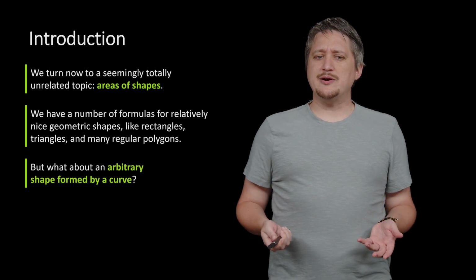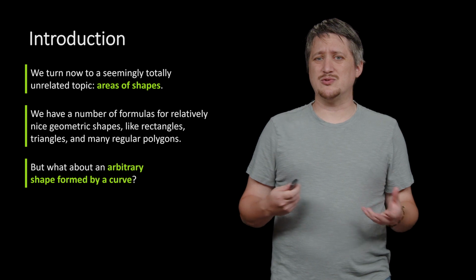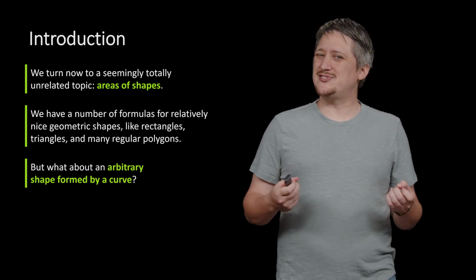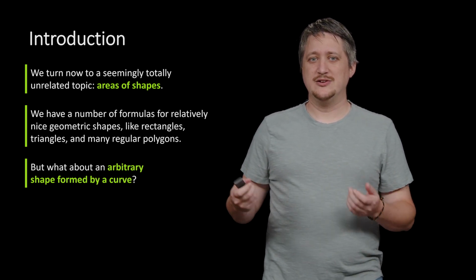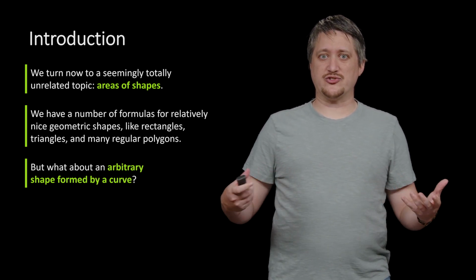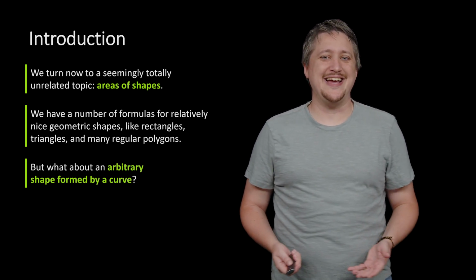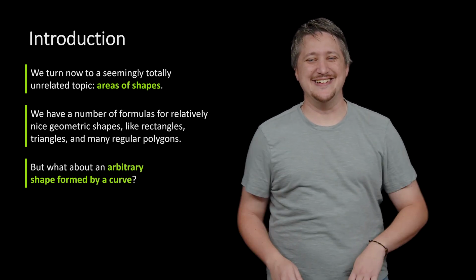But what about arbitrary shapes that have curved edges, right? Like, we know some for really nice curved things, like circles and maybe some ovals or stretched circles, really. But that's about it, right? Like, anything else with a curved edge, we're like, that seems too hard.